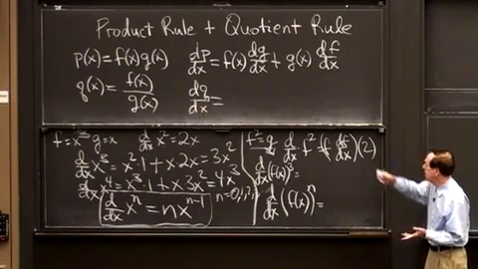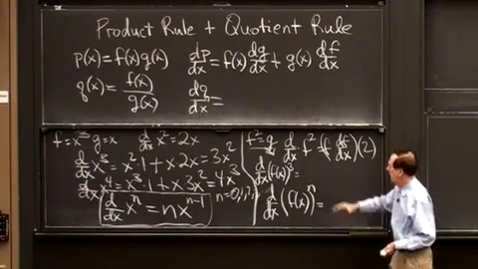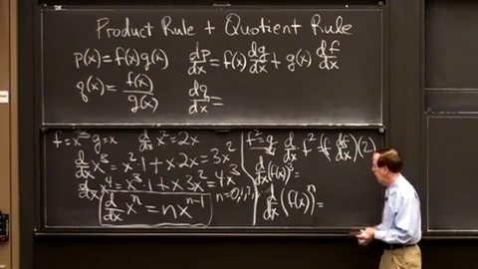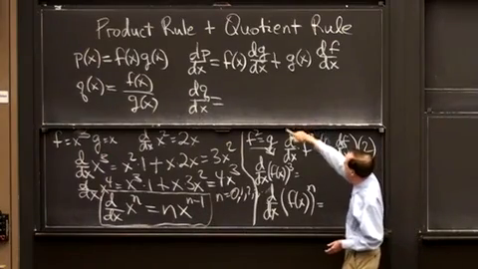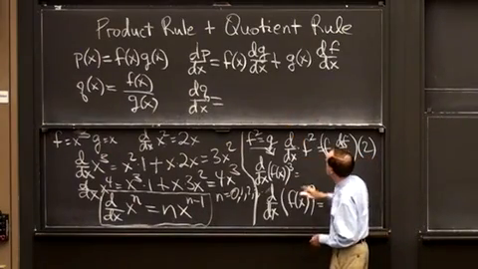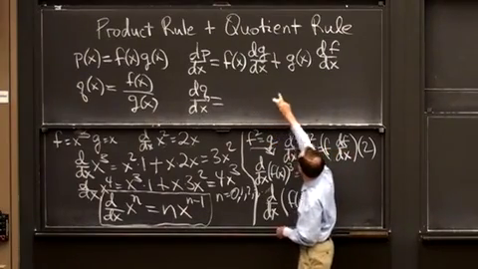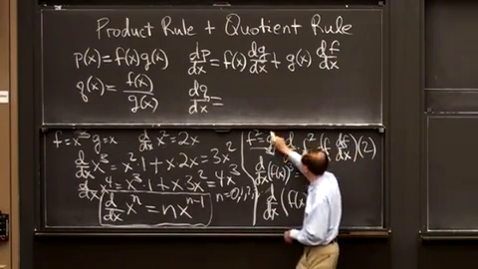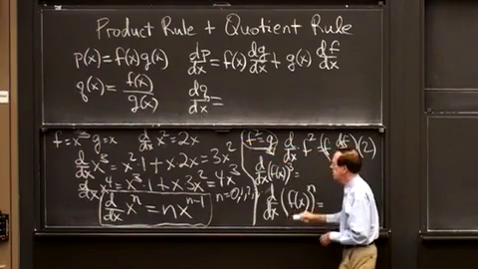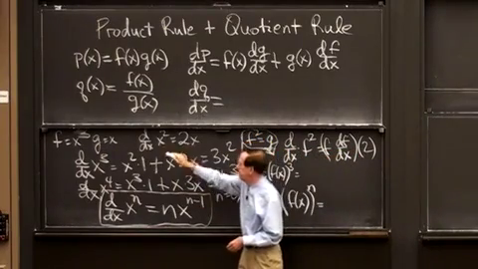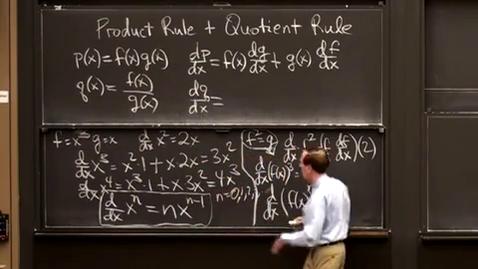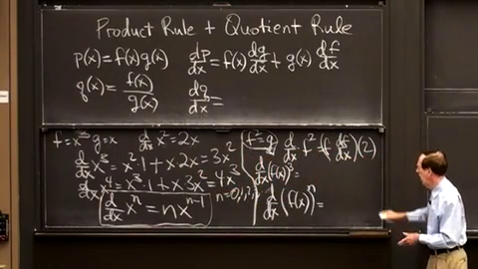Can I take my product rule with f times f squared? So I'm doing this now with g equal f squared, just the way I did it over there at some point with one of them as a square.